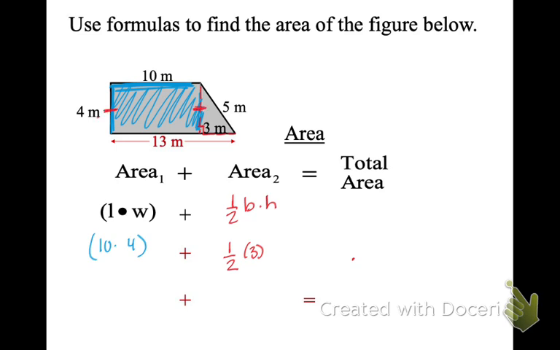They're parallel, right? So there we go. I have 40 square units. I guess it's meters. And here we have 1/2 of 12, which is 6 square meters, which makes 46 square meters.